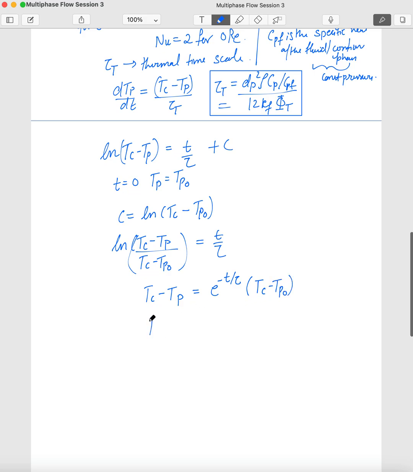So Tp comes out to be Tc plus (Tp naught minus Tc) e to the power minus t by tau. So that is the temperature of the particle changing with time, and that is the thermal time scale. Okay, so I hope everything is clear.